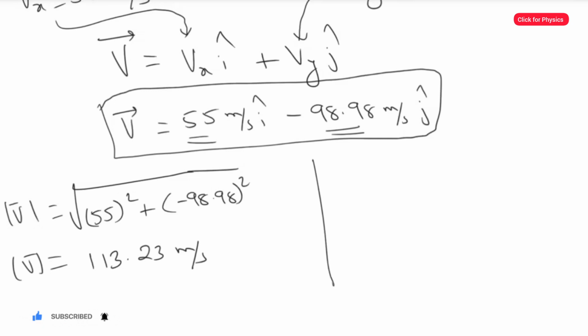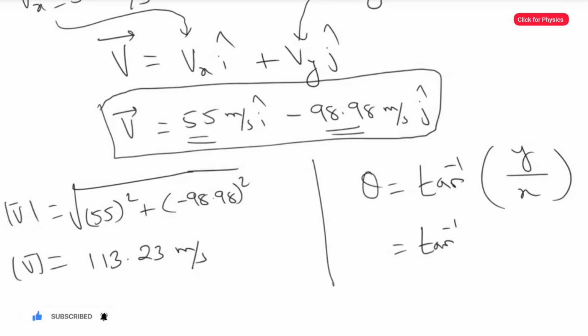So theta, which is equal to tan inverse of y component divided by x component. Your y component here is minus 98.98 divided by 55.